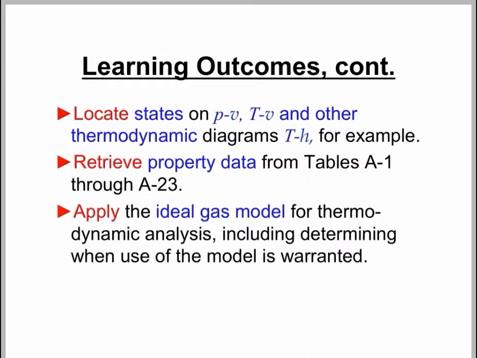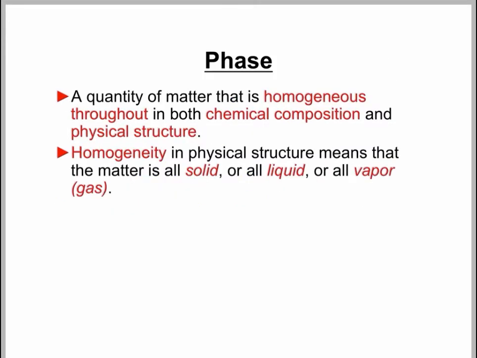Frequently, we'll be dealing with air, and air can be treated as an ideal gas for most applications that we need to work with. So how do we apply the ideal gas model for thermodynamic analysis? We need to be able to do that. We need to recognize what it is to be homogeneous. That means that the chemical composition of it and the physical structure of it need to be the same.